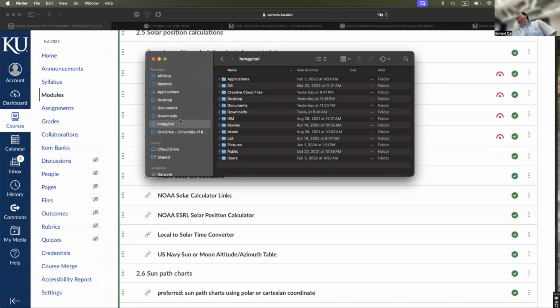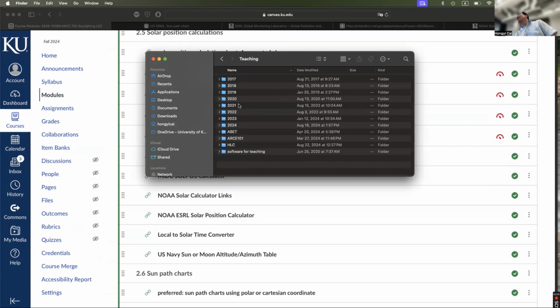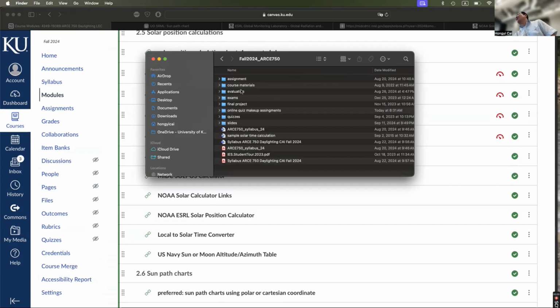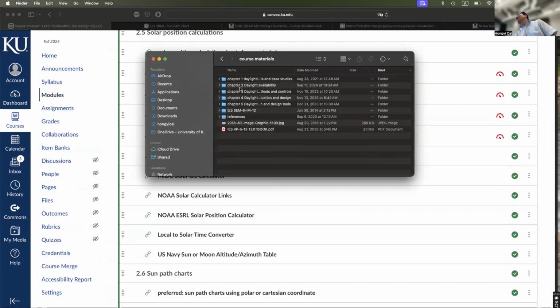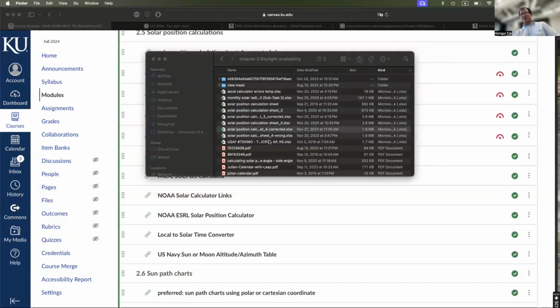I want to show you because none of those online calculators will calculate the solar profile angle for you. You need to use the Excel calculator. That's why my Excel calculator, I think, is more useful in this case.